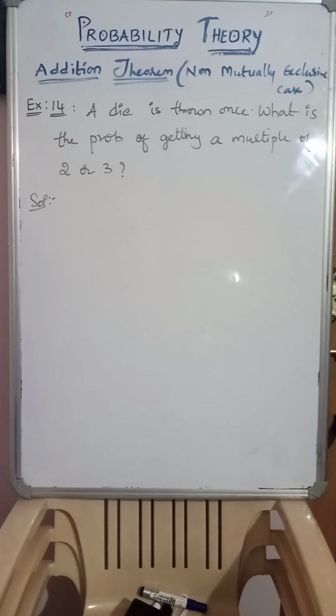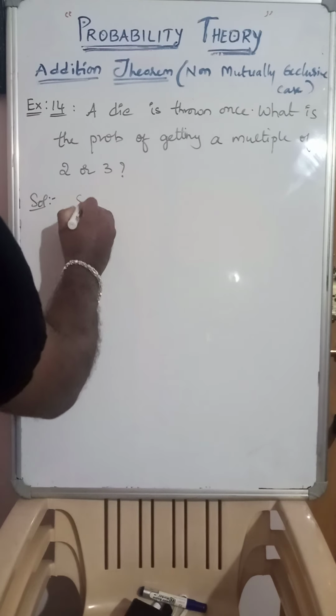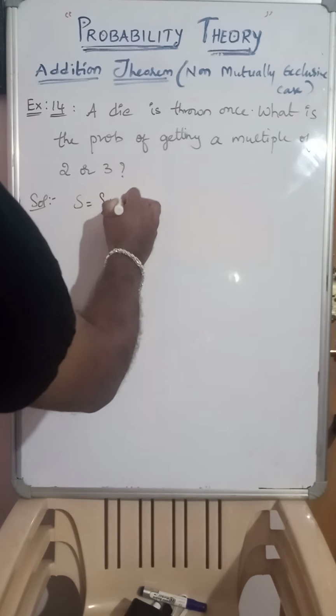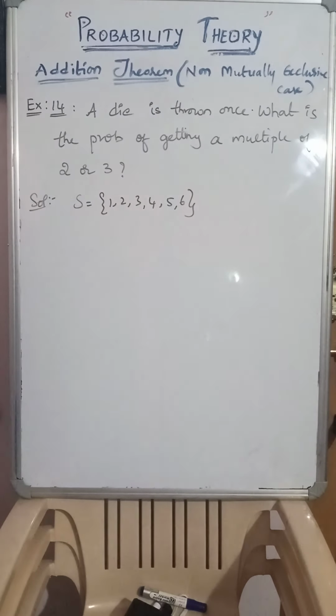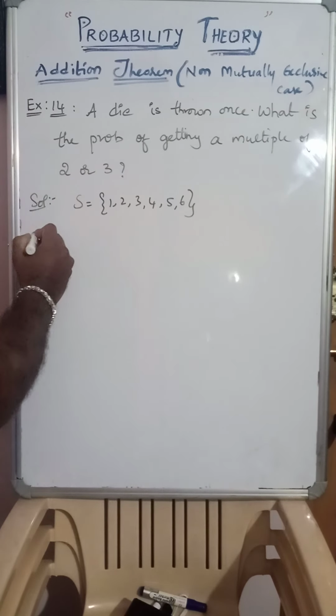Now see, when a die is thrown, what are the possible outcomes? Sample space S equals set of 1, 2, 3, 4, 5, 6. And then here different events are to be written.